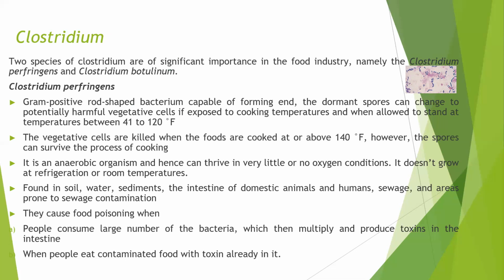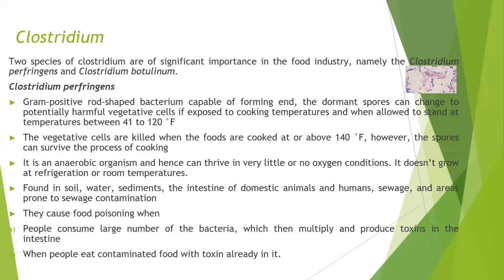It is an anaerobic organism and hence can thrive in very little or no oxygen. It doesn't grow at refrigeration or room temperature. This suggests that this organism is a common contaminant in canned foods and vegetables. The organism is found abundantly in soil, water, sediments, the intestines of domestic animals, and human sewage areas prone to sewage contamination.